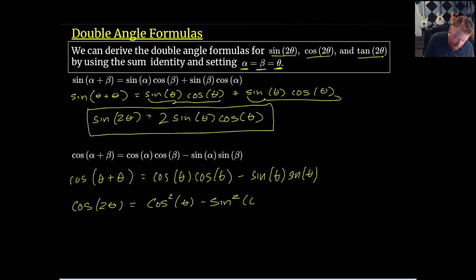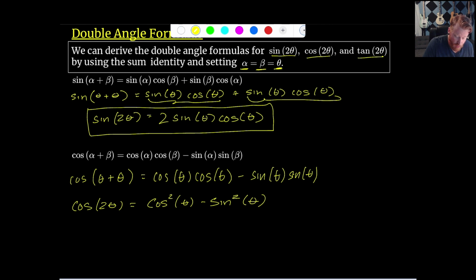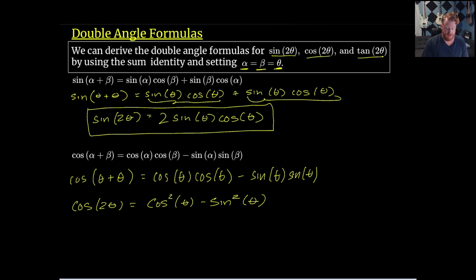Now notice that looks dangerously close to the Pythagorean identity, but here there is a subtraction in between the two, and the order definitely matters for subtraction instead of an addition. But we can use the Pythagorean identity to get a few more forms of this cosine of 2 theta. Remember that the Pythagorean identity says cosine squared theta plus sine squared theta is equal to 1.